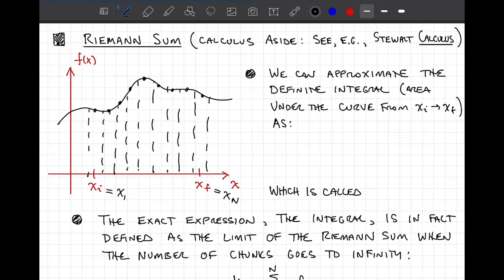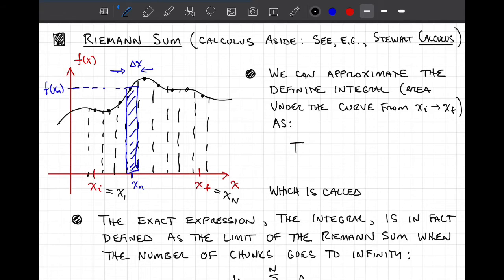So if we're interested in finding the area under the curve, you can see that it becomes the sum of rectangles. And these rectangles have a height of f of x sub n, little n, where I'm calling this particular one x sub n, and they have a width of delta x here.